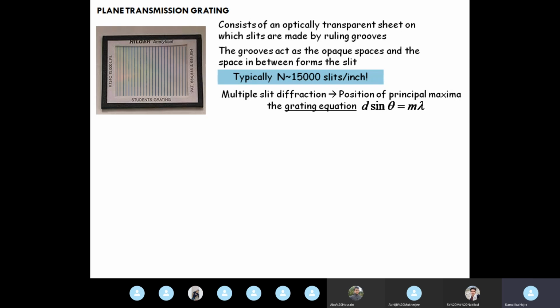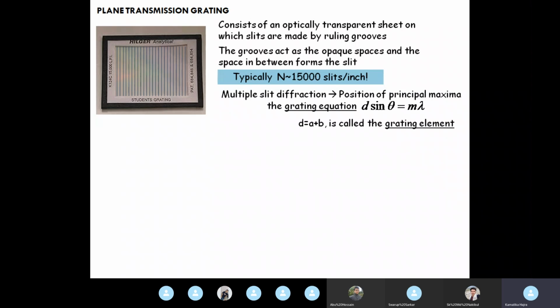Often you write this as sine theta equal to m by d lambda, or sine theta equal to mN lambda, where N equal to 1 by d, and that is also called the grating equation. But this is in general the grating equation, which will give you the positions of the principal maxima. And d equal to a plus b is called the grating element.